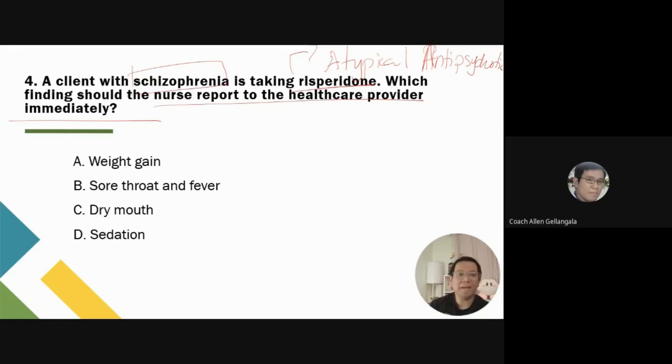Because of the extrapyramidal symptoms, that will eventually become a permanent condition, which is tardive dyskinesia. People needed a reprieve from the treatment, and that is where atypical antipsychotics come in.